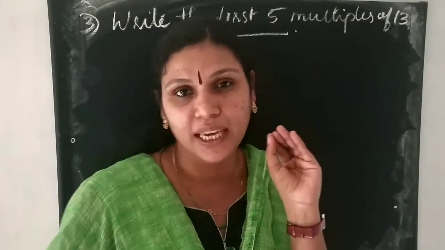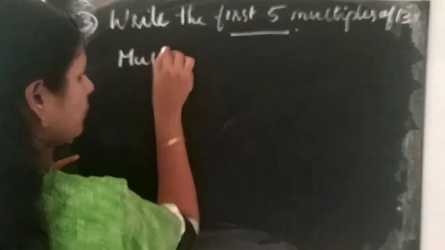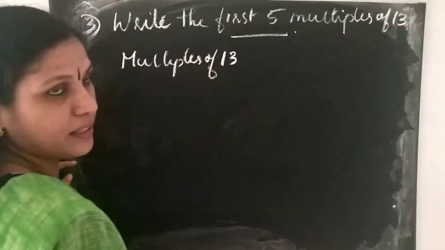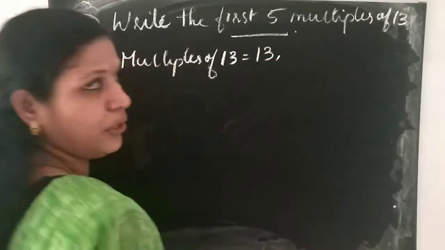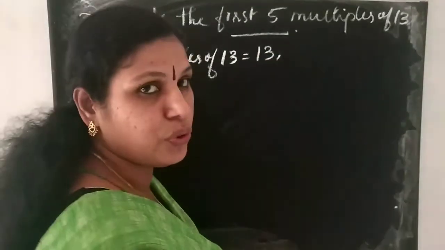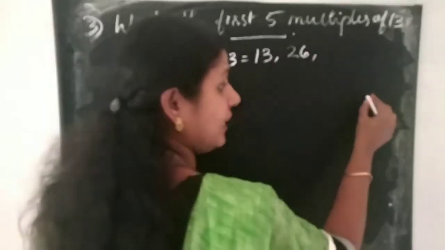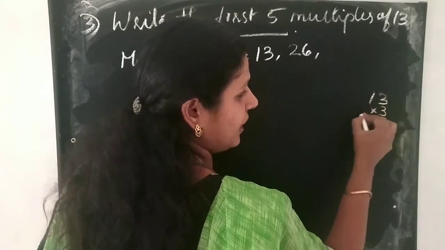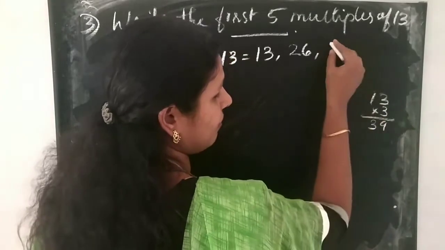So first we write the multiples of 13. 1 13 is 13, we know that. Then 13 into 2, that is 26. Then 13 into 3. If you don't know, then you just multiply here. 13 into 3: 3 3s are 9, then 1 3 is 3. That is what we get.